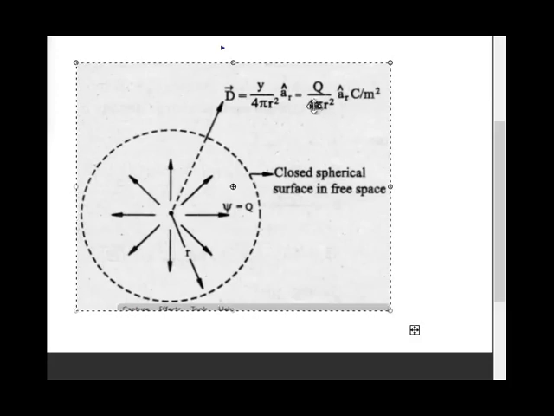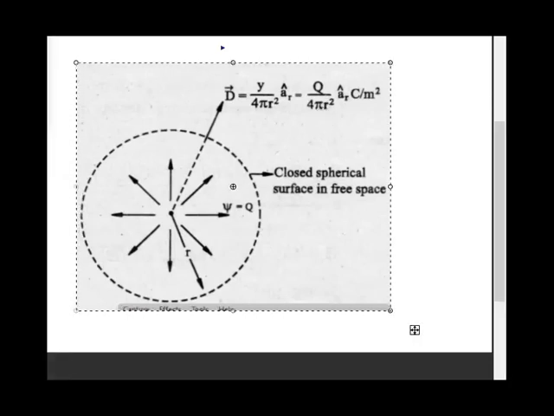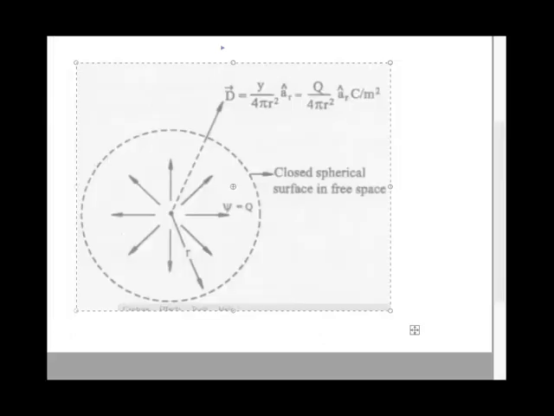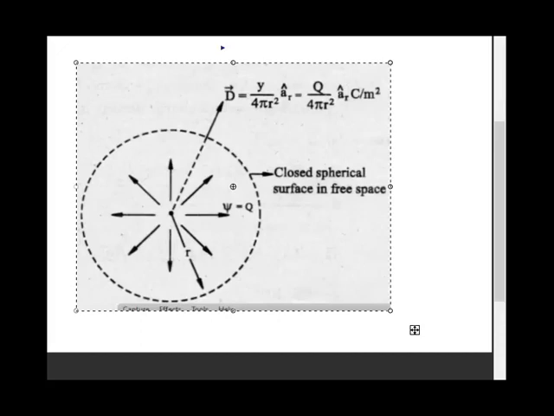The difference is only of epsilon naught. So we can compare D with E as D equals epsilon naught E, because the difference is only epsilon naught.